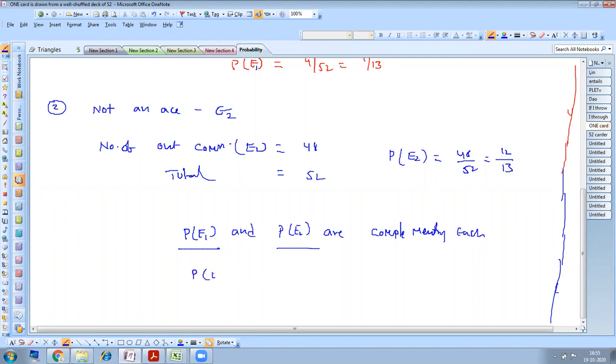Already we got P of E1, getting an ace, is 1 by 13. P of E2 can be written as 1 minus P of E1, so I can write 12 by 13. So using the complementary concept you can solve this question, or without it also. But if there are a huge number of events, then you can use the complementary concept. Clear? Shall I go for one more question?